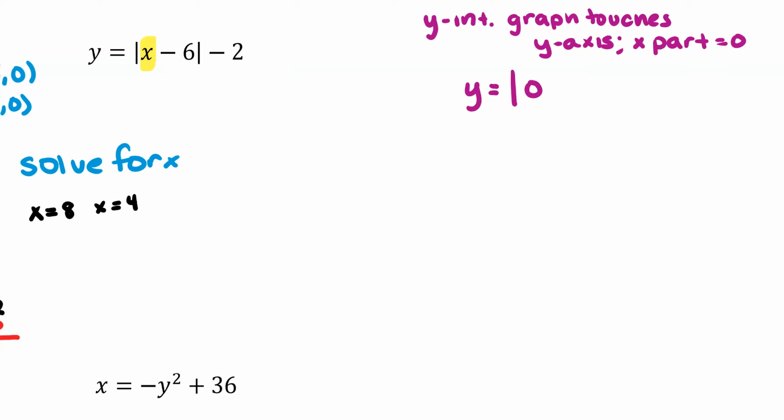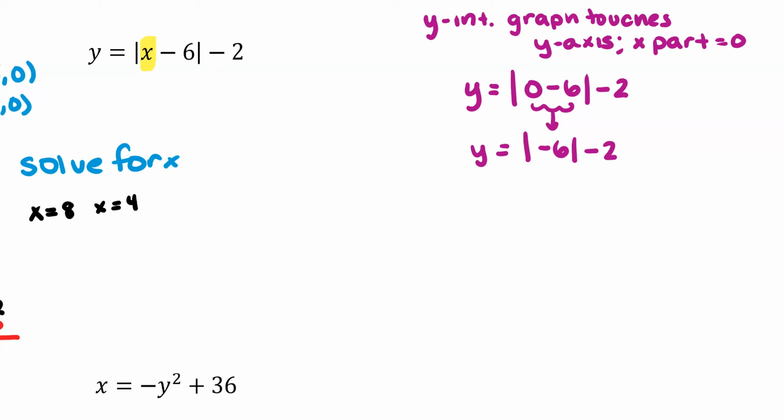So I've got y equals absolute value of 0 minus 6, and then minus 2. But I could do 0 minus 6. That's negative 6. So y equals the absolute value of negative 6, minus 2. Now this is not an absolute value equation to solve because the variable is not inside the bars.